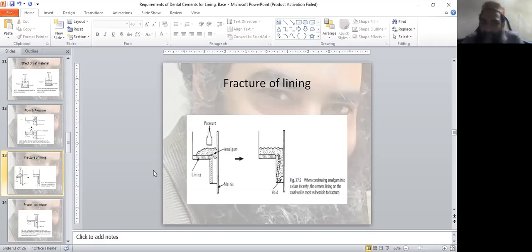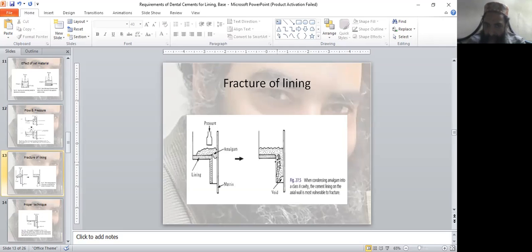Now, fracture of lining is also described in the chapter of amalgam. When condensing amalgam in a class 2 cavity, the cement wall or lining at the axial wall, which I have already described, if we put much pressure at this area, then what will happen?